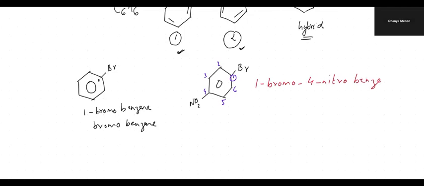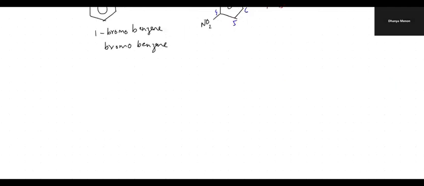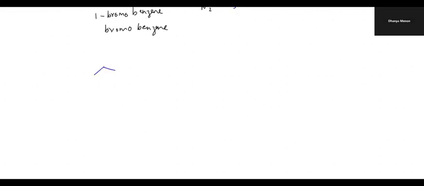Coming to the next question, which is very important. This is the benzene ring. I have bromine, I have a nitro group, and I have chlorine. Here, how to number it?